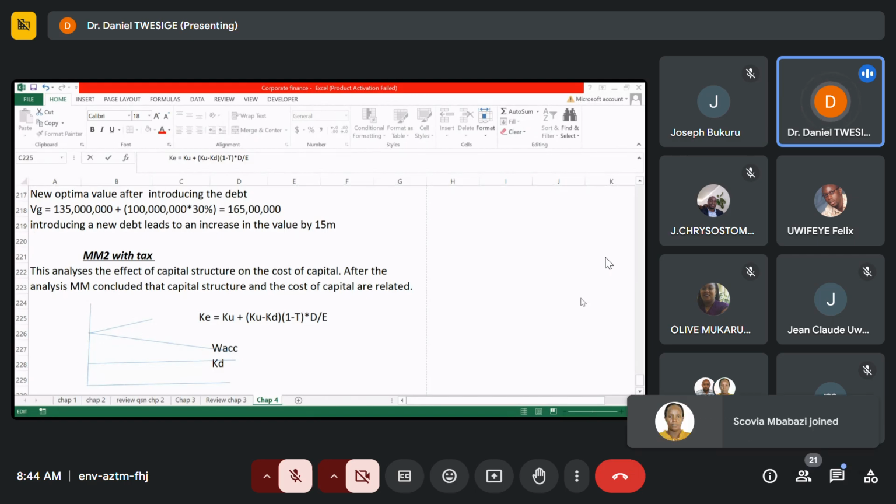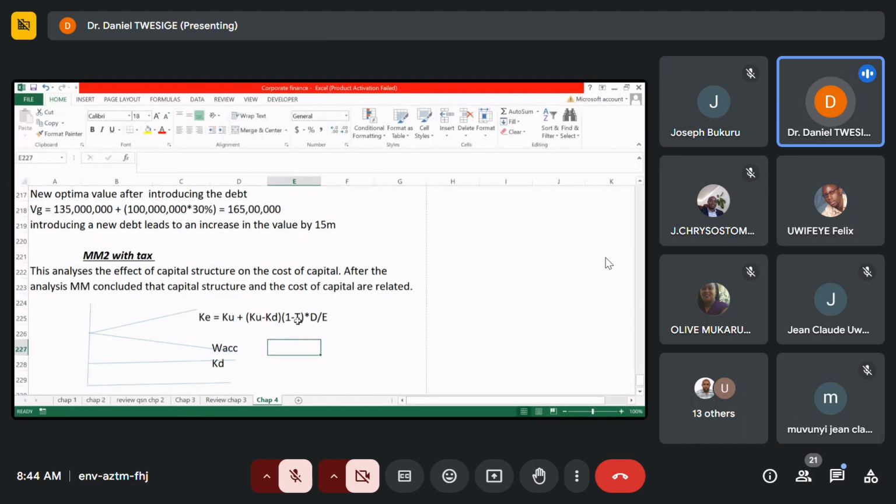Only that in MM2 with tax, we are recognizing this tax benefit.